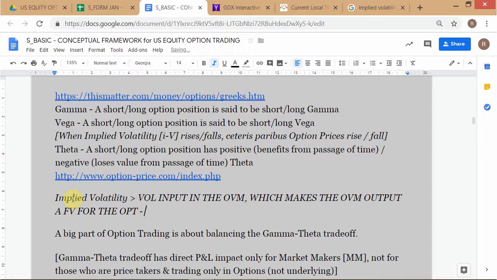Okay, so understand this. What is I vol? Mechanically speaking, I vol is the vol input in the OVM, which makes the OVM output.